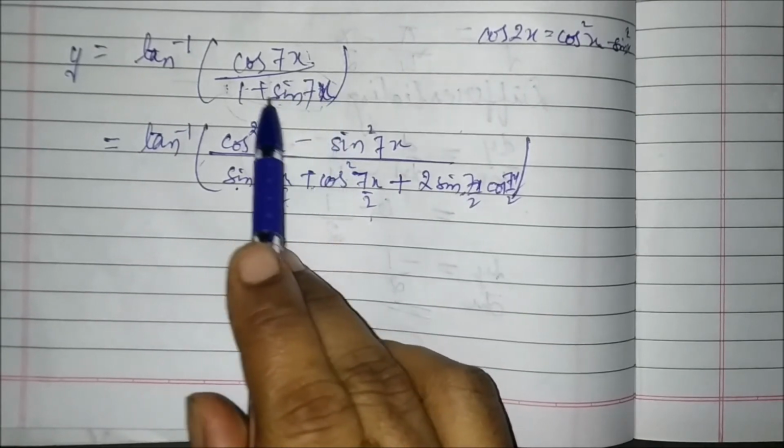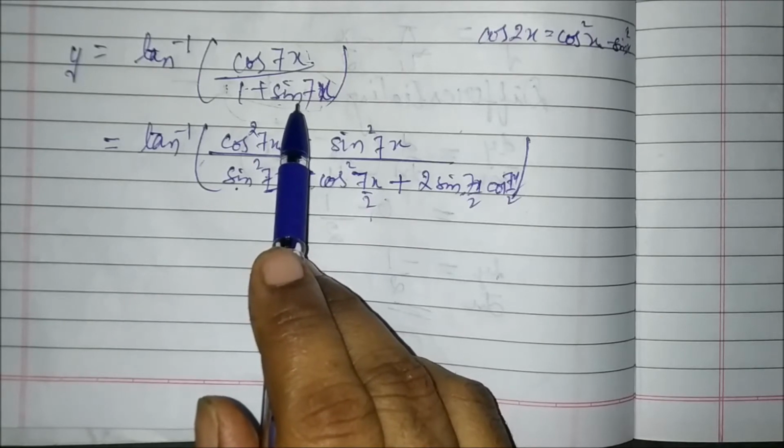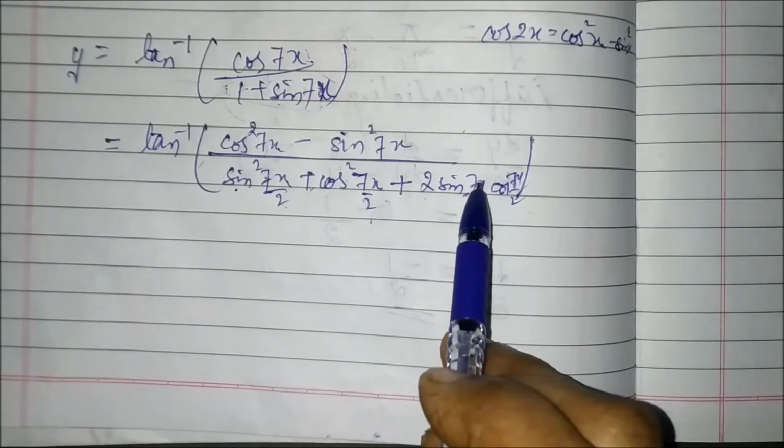And this sin 7x is considered as sin 2 theta. Sin 2 theta will be 2 sin theta cos theta. Understood?